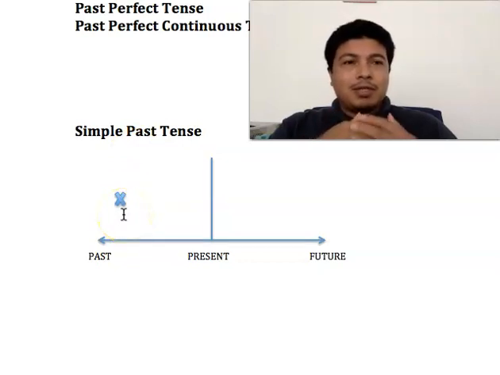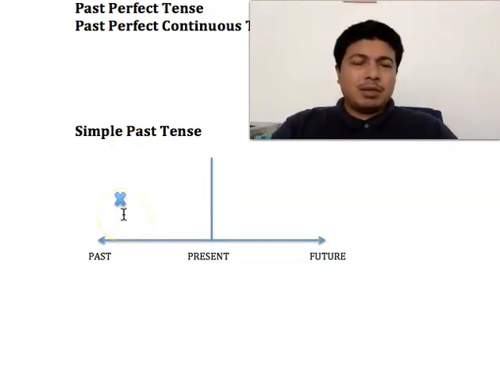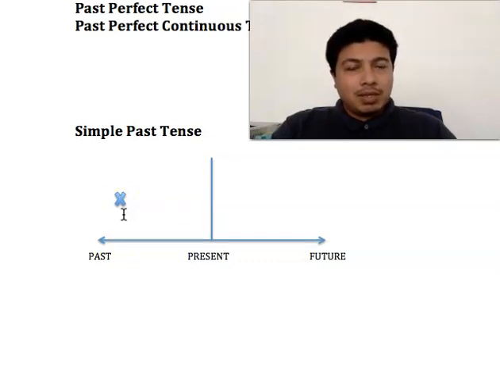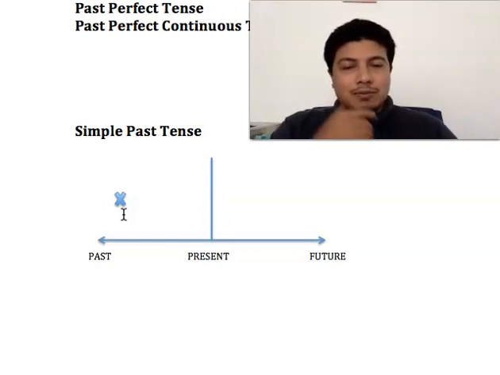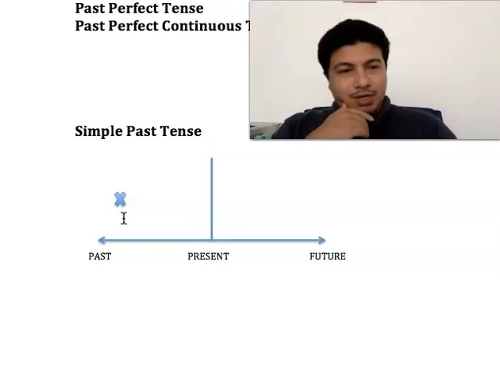When we have a situation that happened only in the past and has been completed in the past, we use simple past tense. As you can see here on the chart, it is marked in the realm of the past. So that is simple past tense, something that happened and has finished in the past.